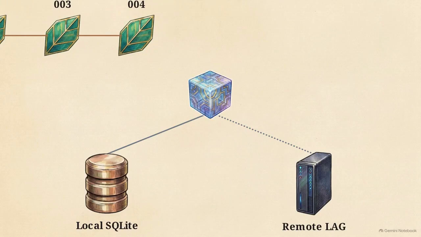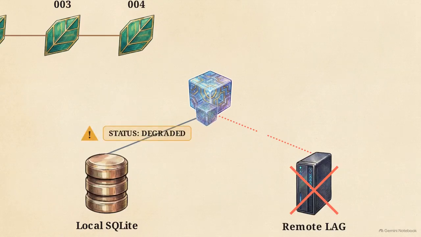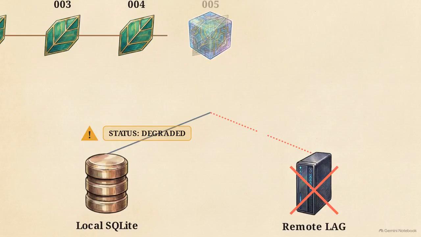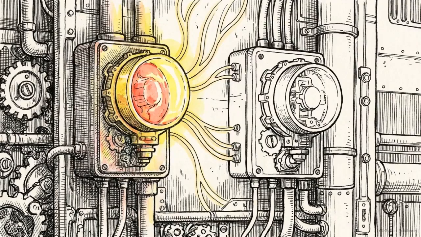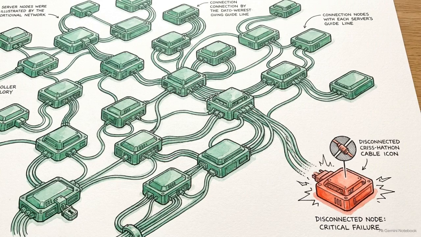This remote path provides external redundancy. If the connection to that remote server breaks, the execution layer doesn't crash. A degraded status tag appears, while data packets continue appending locally without interruption. This is the principle of honest degradation marking. A secure system must clearly signal partial failure rather than masking it behind a false status check.